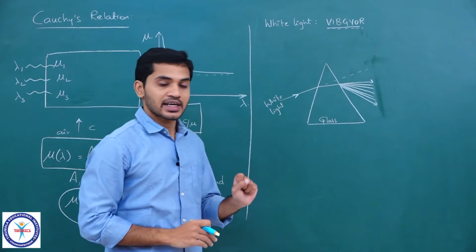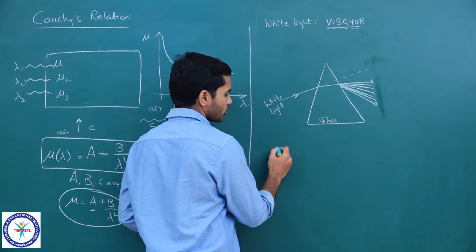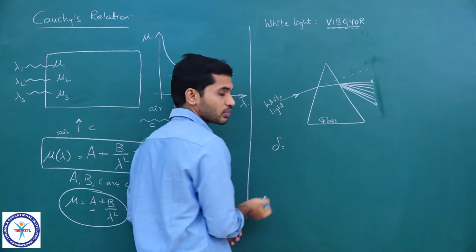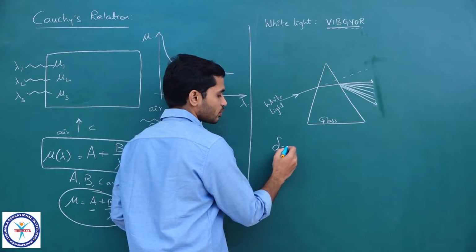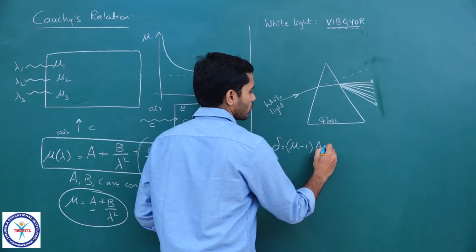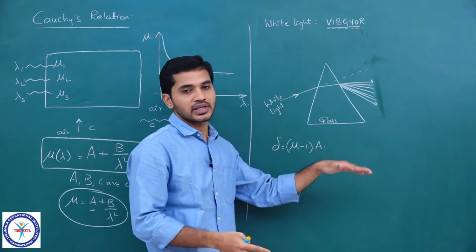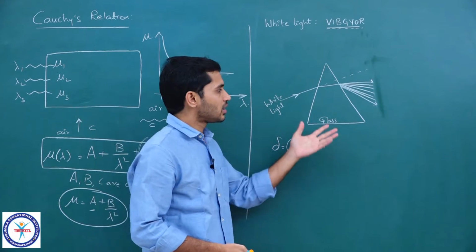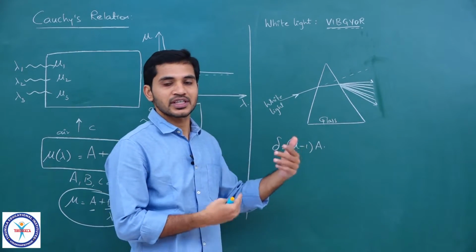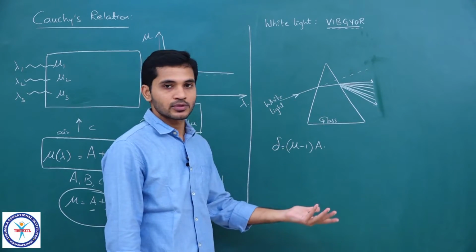We can actually understand that by a simple logic. We can use the concept of deviation in the case of a thin prism. The deviation produced by a thin prism is (mu minus 1) into A. Although it is not a thin prism, whatever deviation that thin prism does, even a normal prism also follows the same pattern, correct? The magnitudes might be different, but the pattern would be the same.